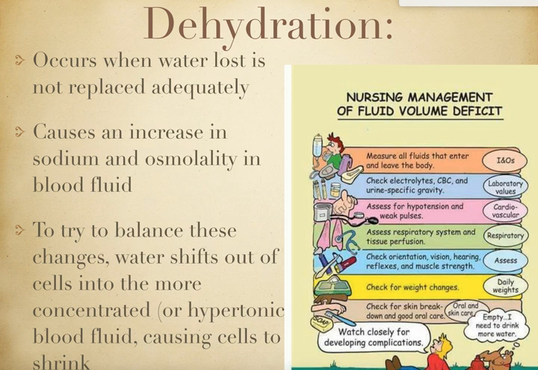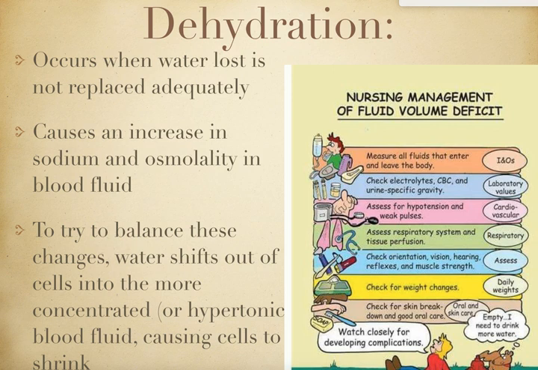So we need to talk about dehydration. There's two different fluid conditions, dehydration versus overhydration. Let's talk dehydration first. So that happens when water lost is not properly replaced. We have to maintain a daily oral intake approximately equal to daily fluid loss. Who's the most vulnerable for having a problem with this?